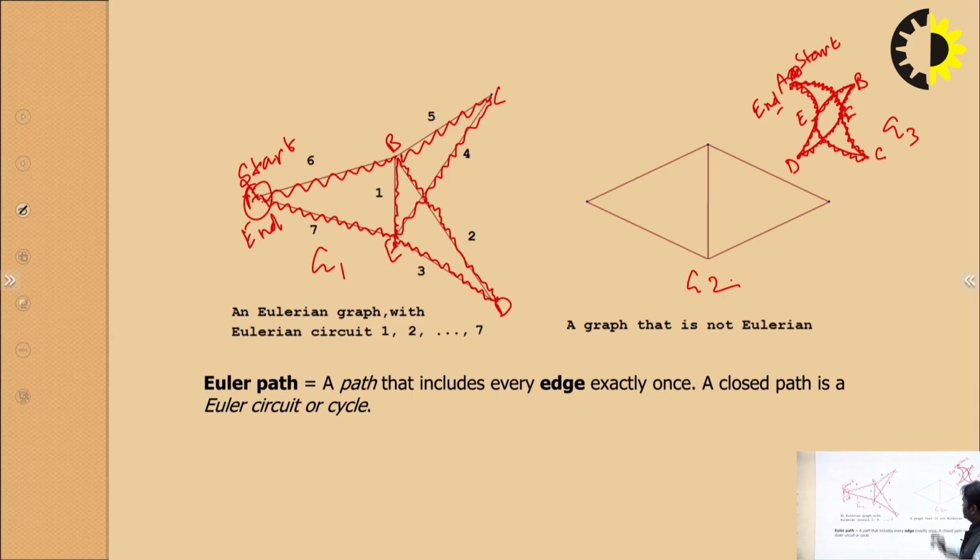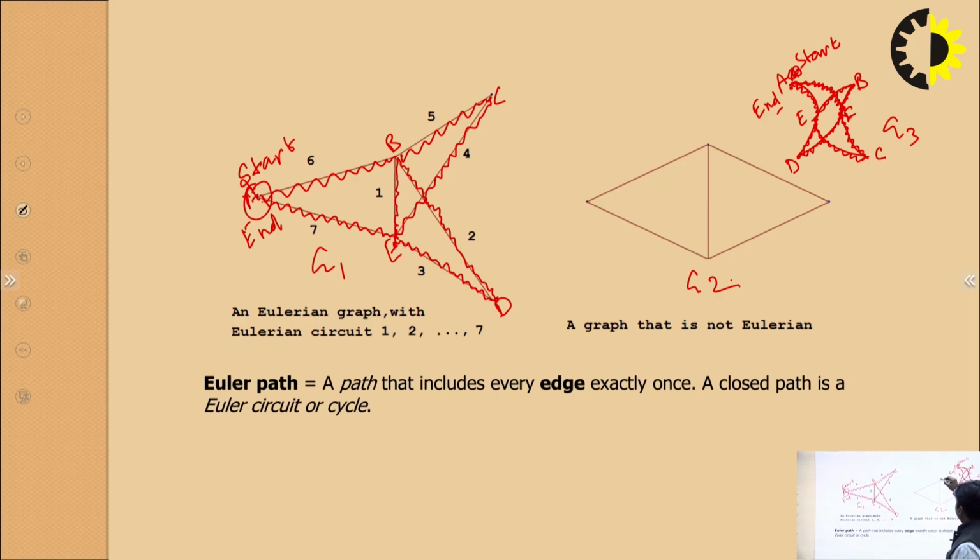If we see this graph, this is not an Eulerian circuit. This graph G2 will not form an Eulerian circuit. It covers all the edges, but the end point and start point are not the same in this graph.